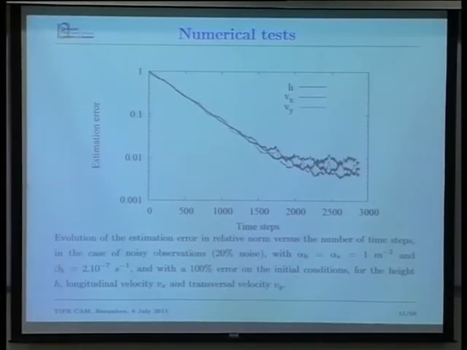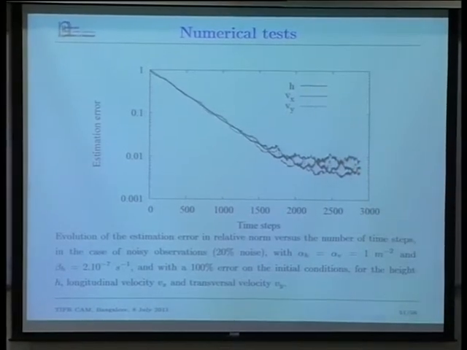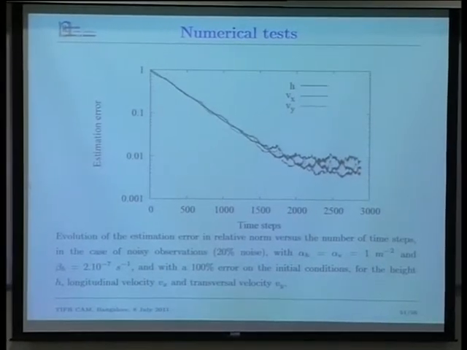Here, you control the velocity with the gradient of the difference between the height and the observed height, and then you're able to identify the velocity with also less than 1% error. So this is very new.